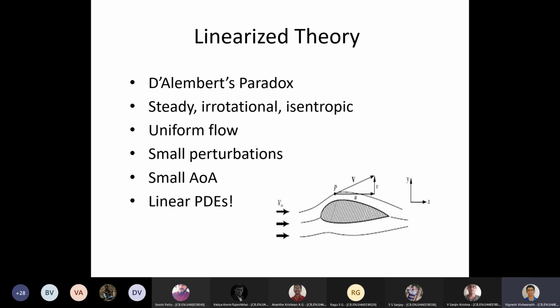Now one might ask how this is actually valid. According to this theory, let's say there's an airfoil subjected to uniform flow. Compressible flow, we know, starts from 0.3 Mach number.